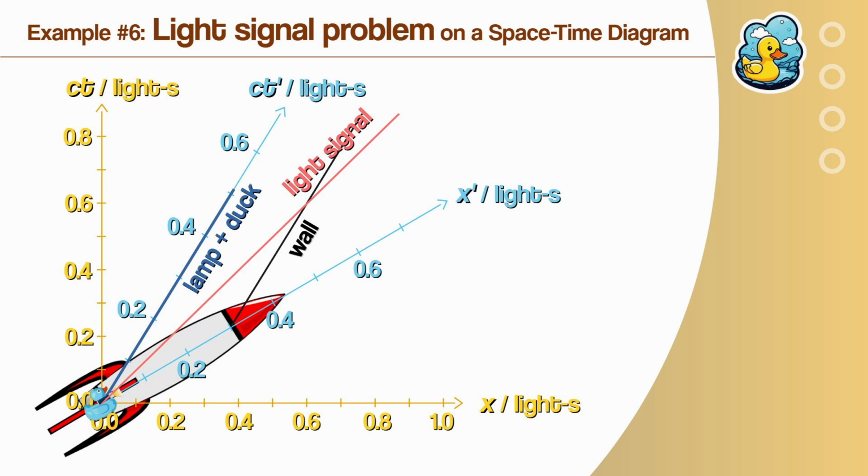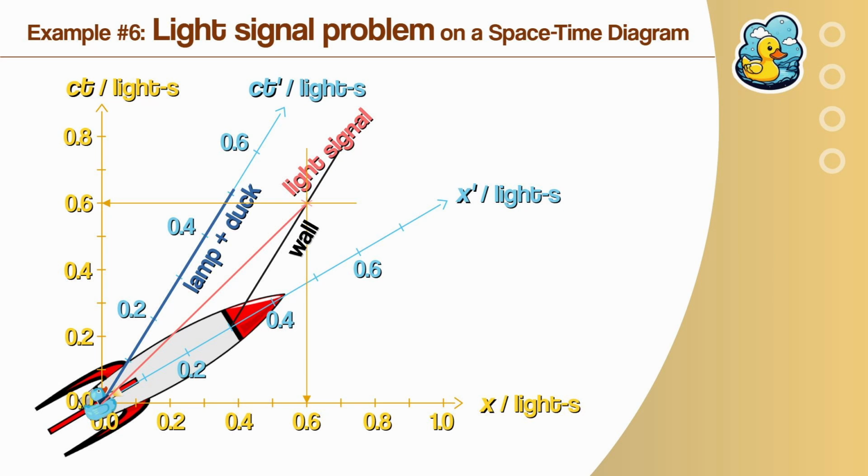You will see that the light intersects the wall's world line at some point. By reading from the Earth's axis, you can find the time and place of the event in the Yellow Duck's reference frame. The x-coordinate gives you the position where the light hits the wall. The ct-coordinate gives you the Earth's time when it happens.